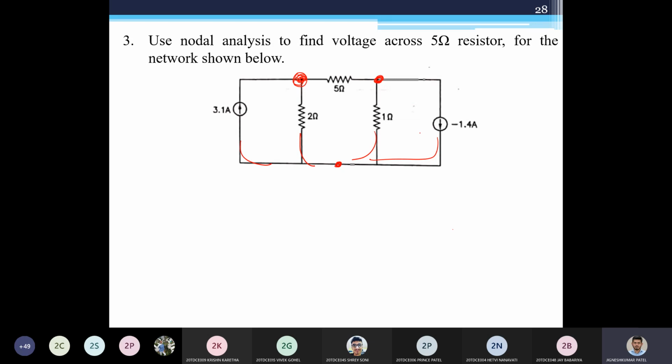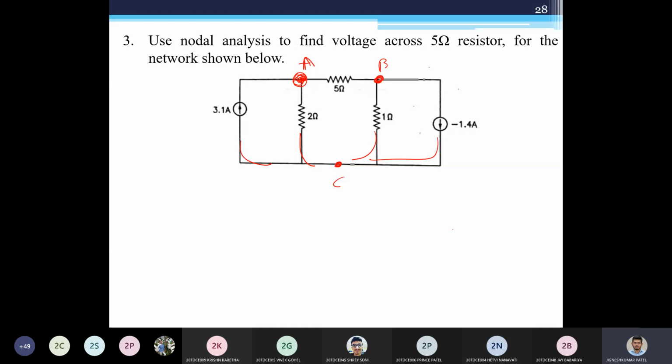So in nodal analysis, first of all, you have to find out the nodes. I have identified 3 nodes here. Let us name them node A, node B, and node C. What I'm going to do is apply KCL at these nodes. But I'm not going to use all 3 nodes, because I need a reference point.